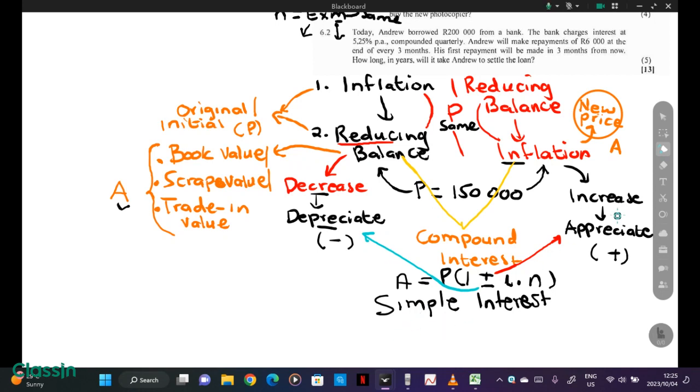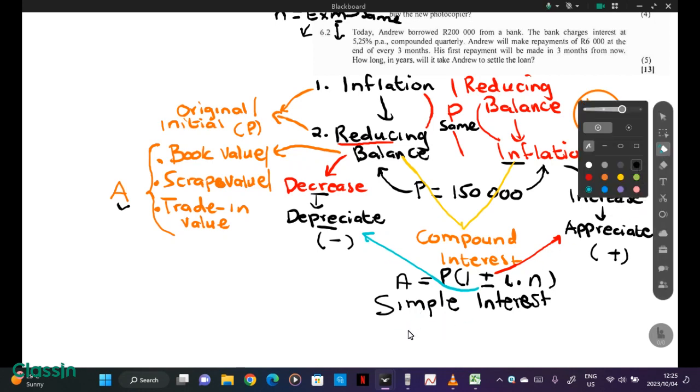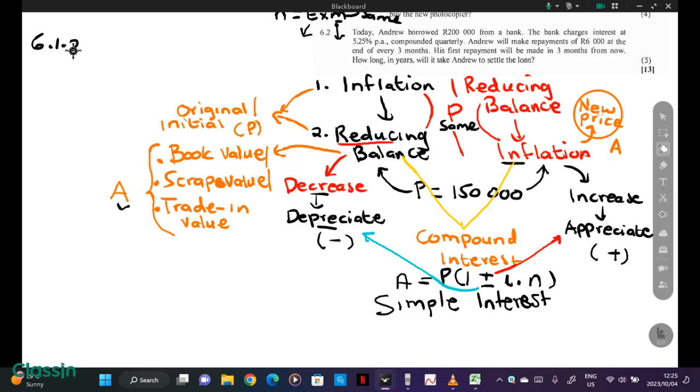So even now, on 6.1.2, we are going to have a formula that depreciates, which in this case is going to be A equals P into 1 minus I multiplied by N, because they asked us about depreciation.